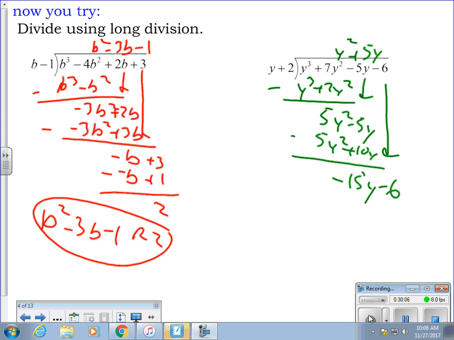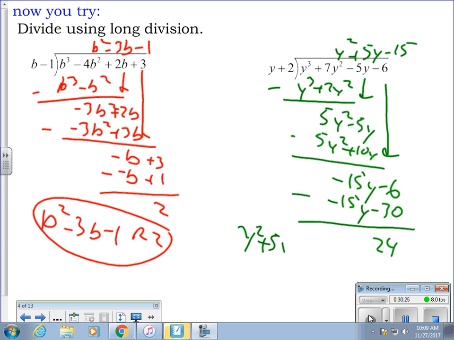Y goes into negative 15y, negative 15 times, negative 15y minus 30. Subtract, negative 6 minus negative 30 is 24. So I get y squared plus 5y minus 15 with a remainder of 24.